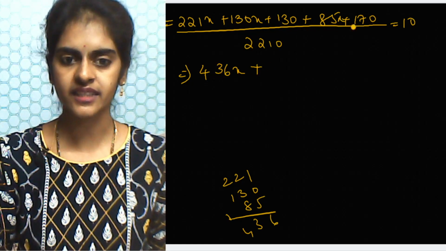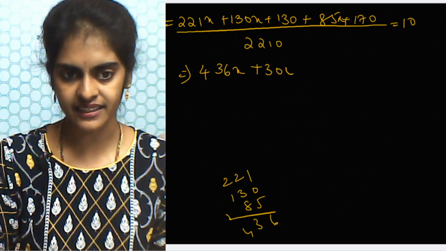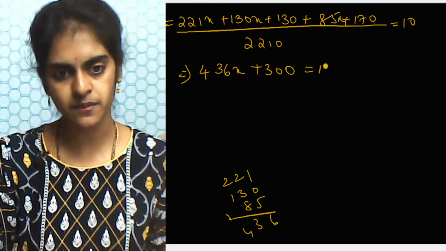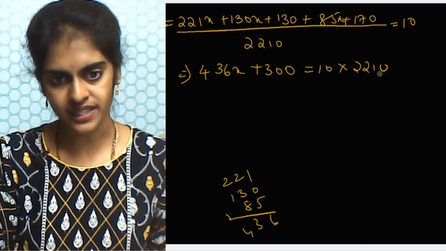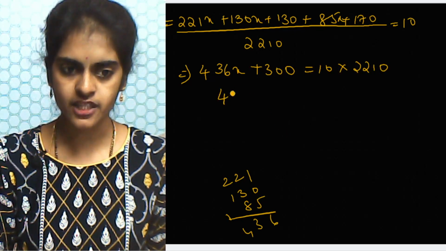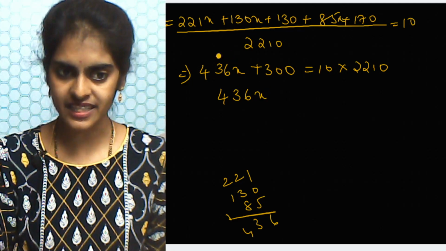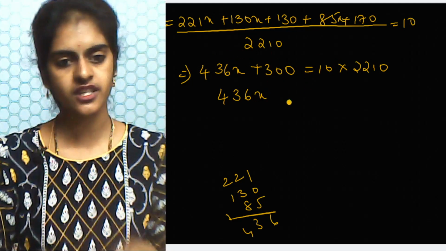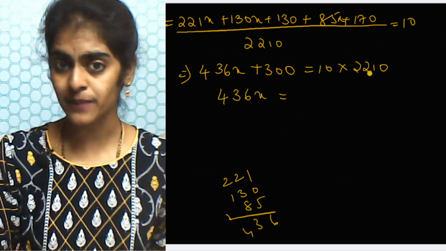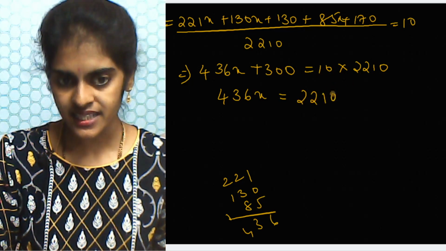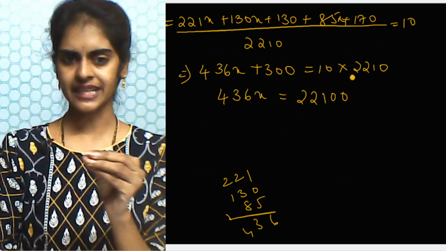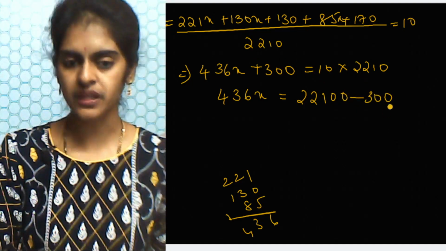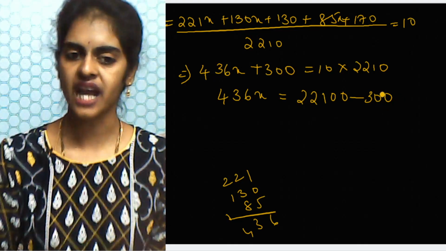Plus I have 130 plus 170, which gives me 300, is equal to 10 into 2210. Now I just want the value of x, so I keep 436x on the LHS and transpose 300 to the RHS. Multiplying by 10 gives 22100. This plus 300 becomes minus 300 on the RHS.